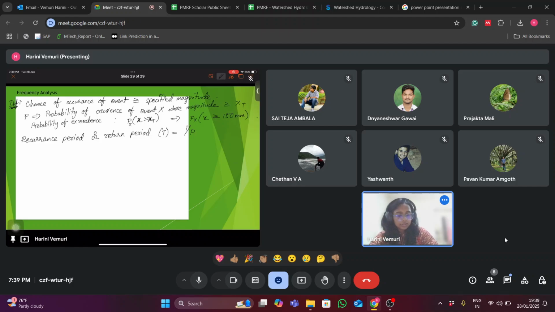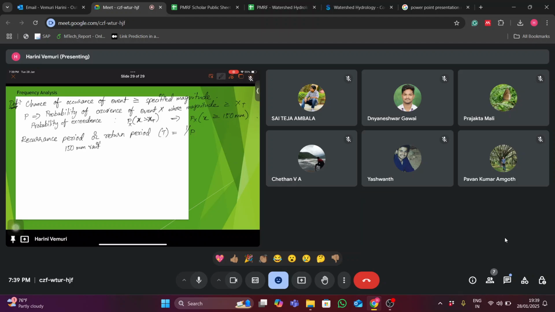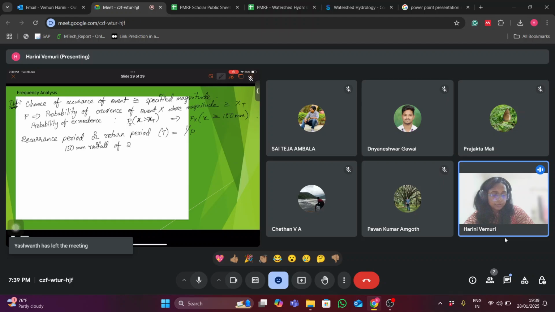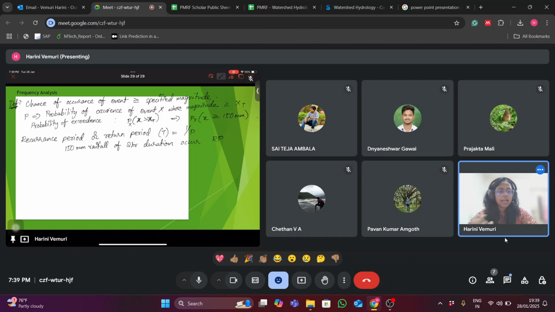let's say 100 years. So 150 mm rainfall of 2-hour duration occurs with a return period, RP, of 100 years.